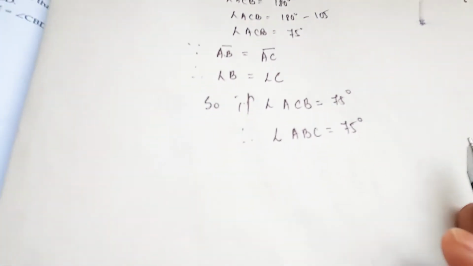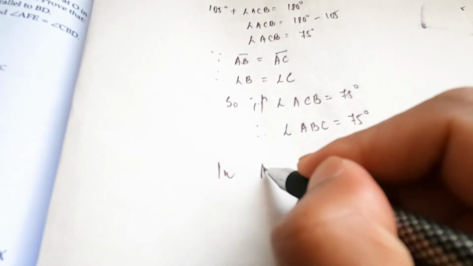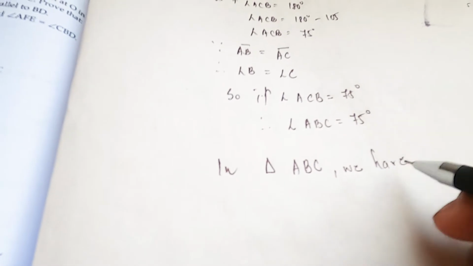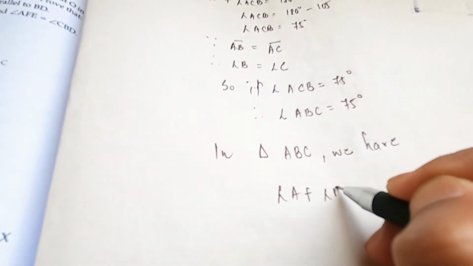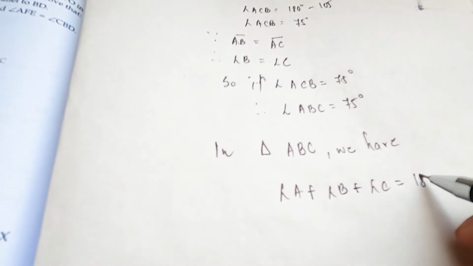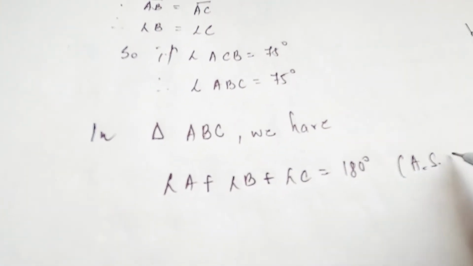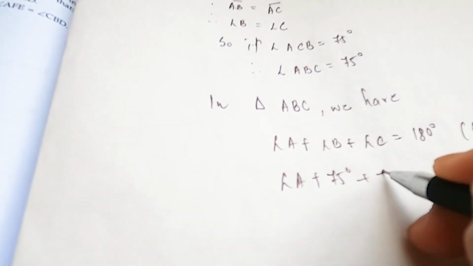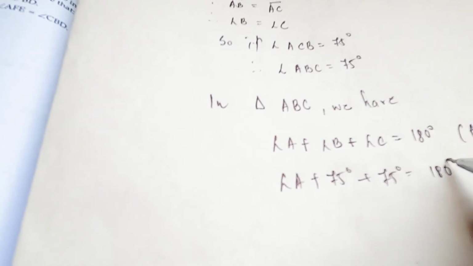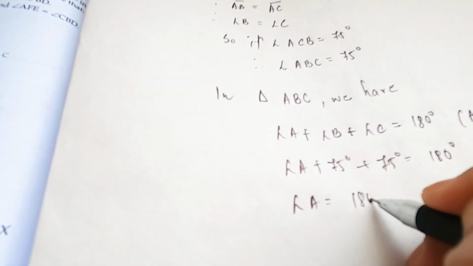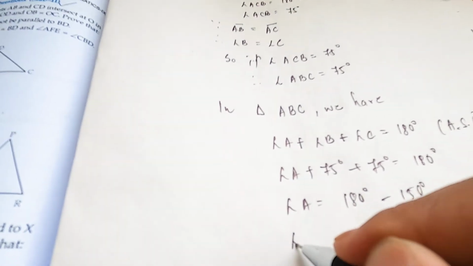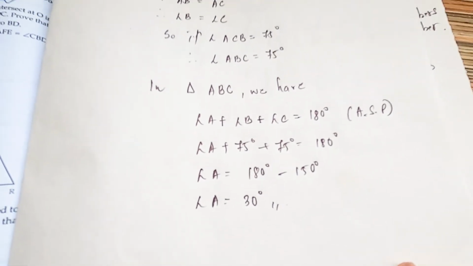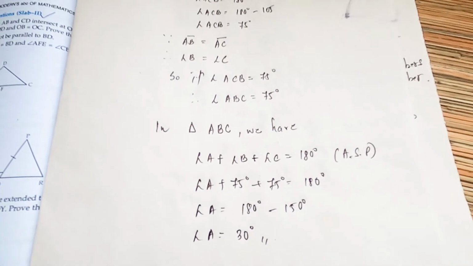So that is angle B. Now in triangle ABC, we have angle A plus angle B plus angle C is equal to 180. Reason is angle sum property. So angle A plus 75 degree plus 75 degree is equal to 180. So angle A is equal to 180 minus 150. So angle A will be 30 degree. So this is the measurement for angle A.